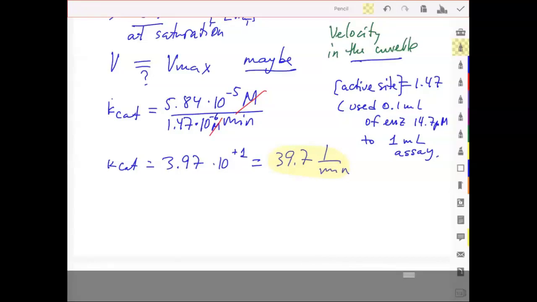The substrate is plentiful, substrate is not limiting, and the enzyme goes as fast as it can, only 40 molecules of product per minute. Is that reasonable, right? Is it good for an enzyme? So that's something we can discuss in class, but I hope you look that up, and we calculated that so we can look in the literature and see how that compares to what other people found.